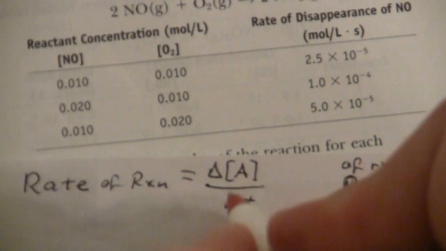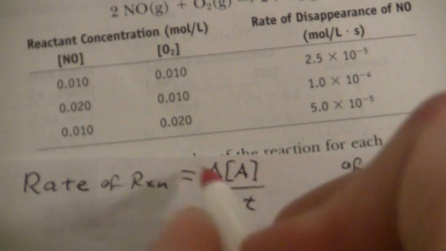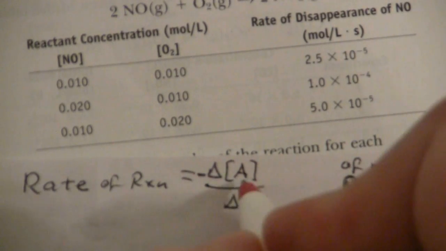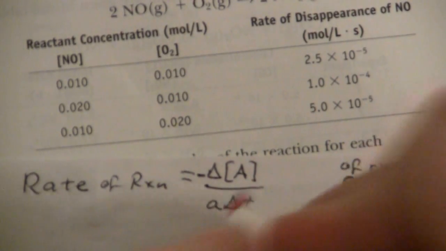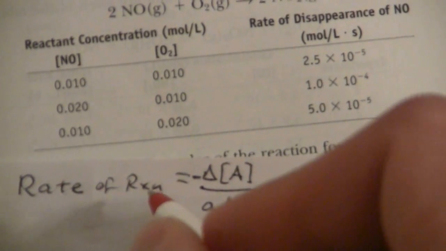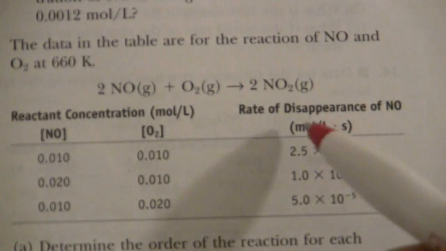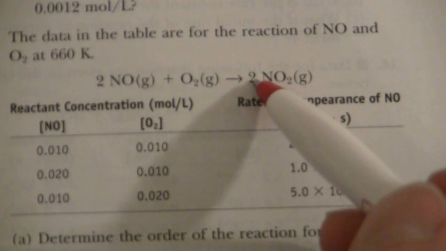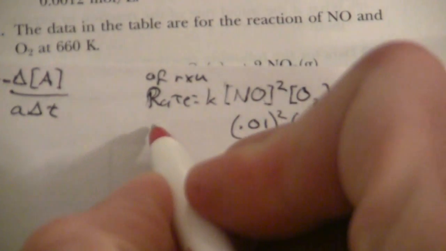But in order to make it the rate of reaction instead of the rate of disappearance, and since that would be a reactant, I'd have a negative there to make the sign positive. But instead of being a rate of disappearance, I need to divide it by the coefficient. So if my coefficient were a, I'd divide that by a, and that gives me the rate of reaction. So the rate of reaction is equivalent to the rate of disappearance of the reactant or appearance of the product as long as we divide it by the coefficient. That's the only difference there.